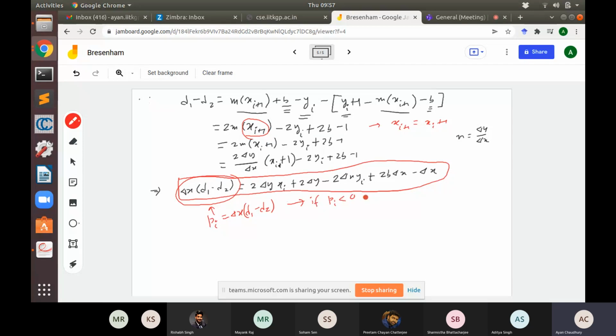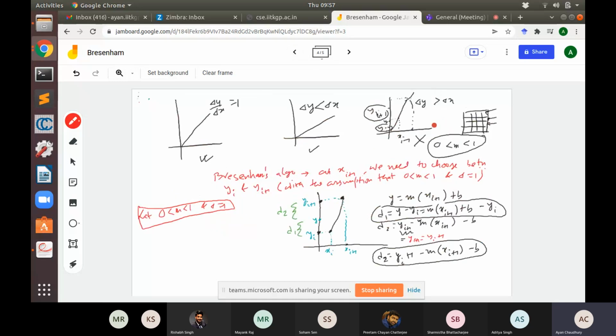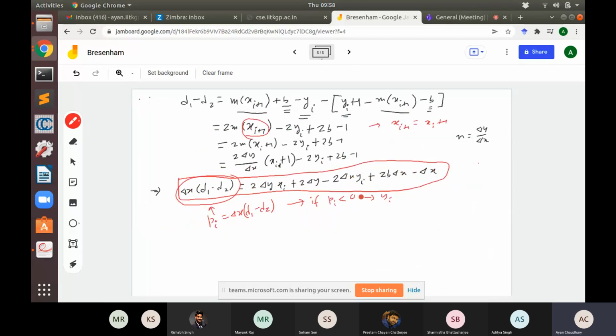If pi is less than 0, then we choose yi, because this means d1 is closer. Otherwise yi plus 1 is closer. So if pi is less than 0, then we choose yi, or otherwise we choose yi plus 1.